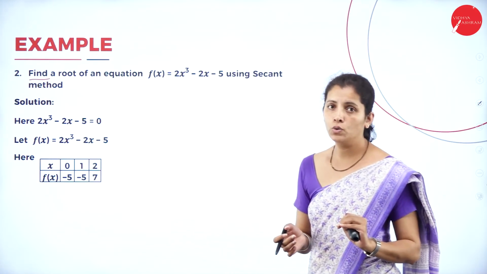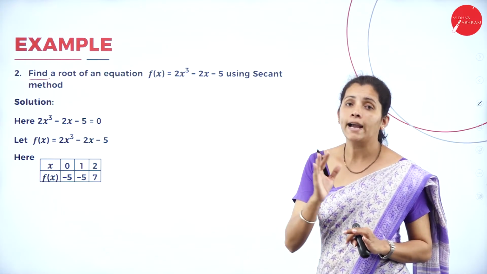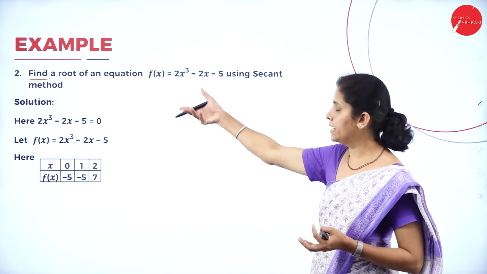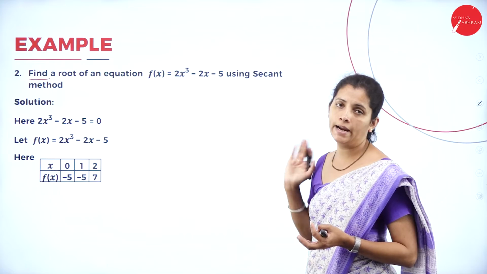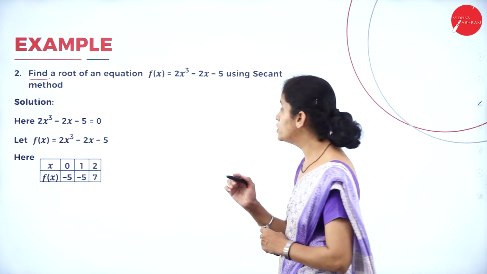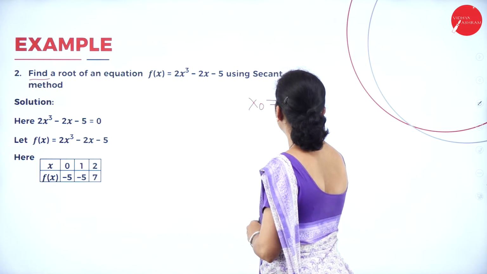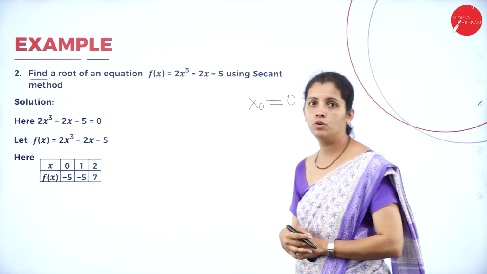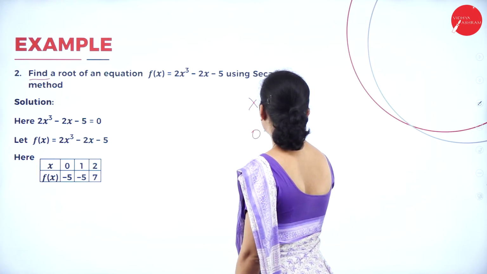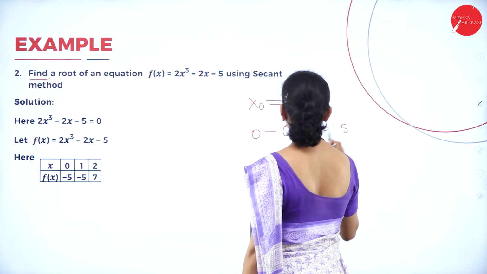Now in the question they did not mention where actually the root lies. So I just want to use trial and error method. So dear student, start substituting x naught equal to 0, and it will become 0 minus 5. The answer is minus 5.